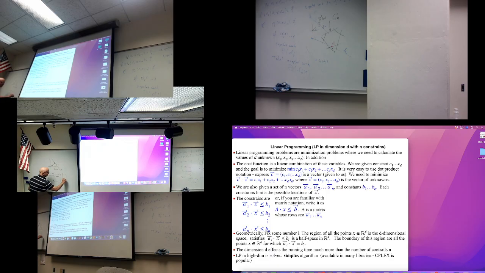Here is a vector X. So this matrix M dot product X is smaller or equal than yet another vector B1 ... Bn, meaning A1x smaller or equal than B1, An x smaller or equal than Bn. Just writing everything in this way. And sorry, this matrix is A, not M, in this slide.